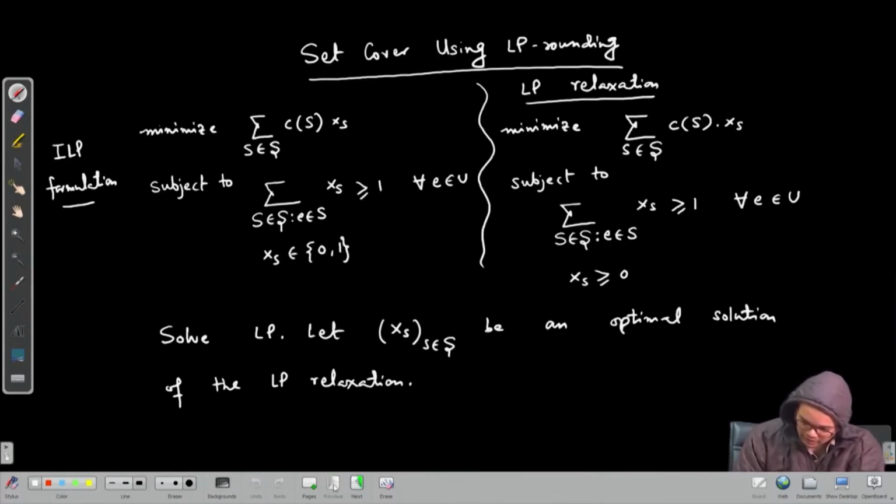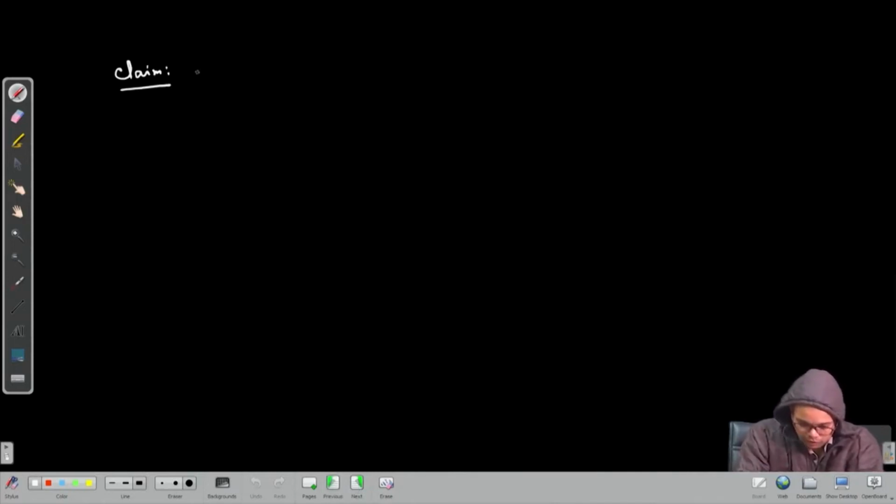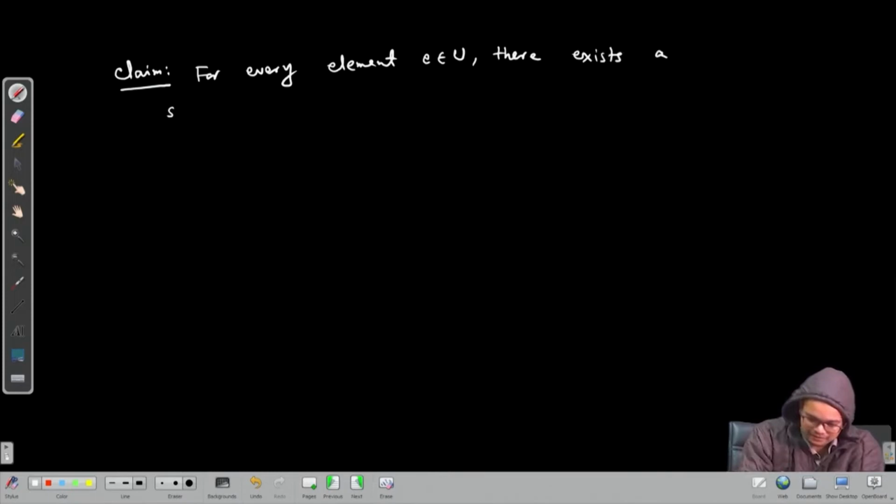Now look at the constraints. For every element E in U, there exists a set S in script S such that 1.